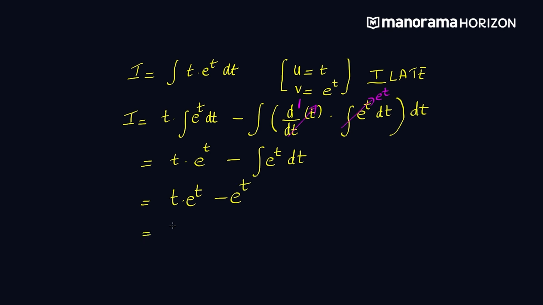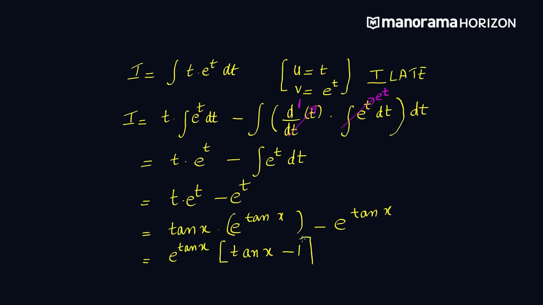Now substituting t equal to tan x, we get tan x into e raised to tan x minus e raised to tan x. Taking e raised to tan x as common, e raised to tan x into tan x minus 1.